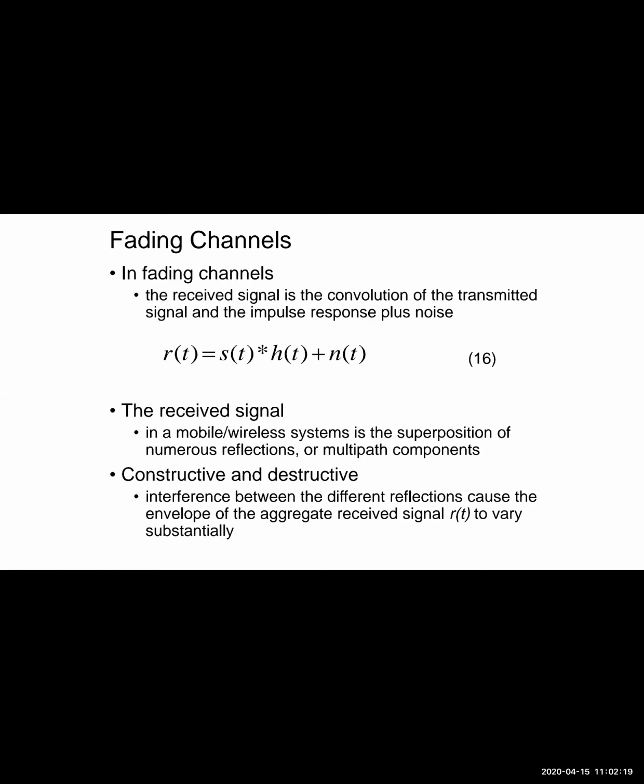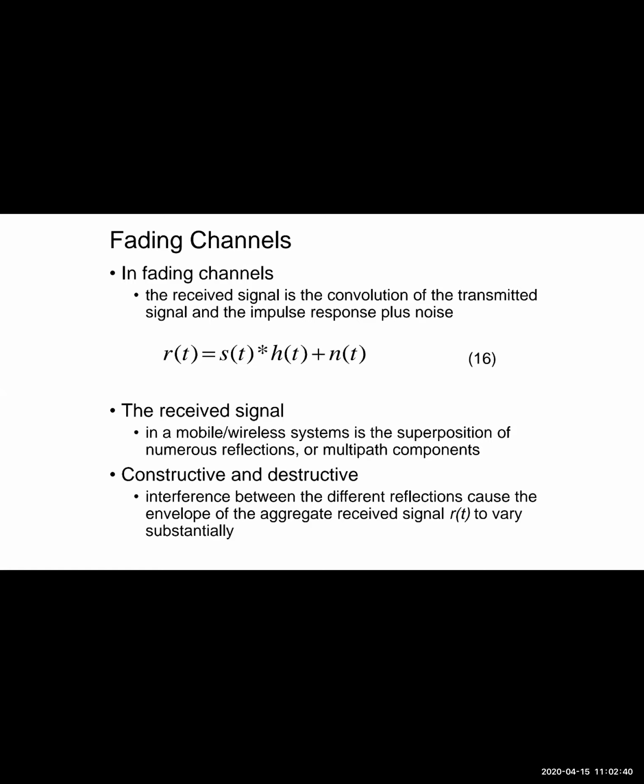Anytime you assume an additive white Gaussian noise channel, you are just saying this is the class 1 of it. So it is not realistic at all. Did that make the difference between equation 1 and 16 clear? Yes, sir. So we can now move on with the fading.